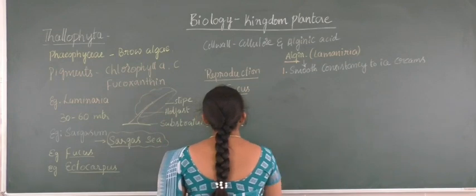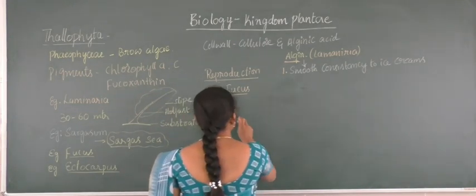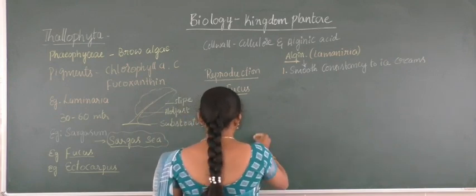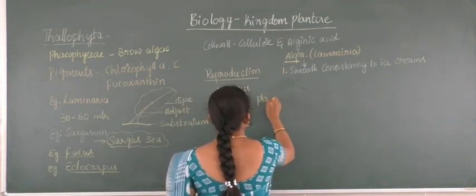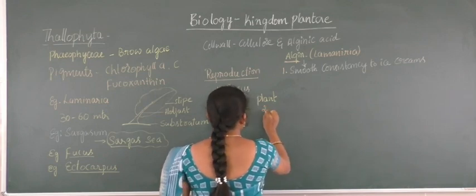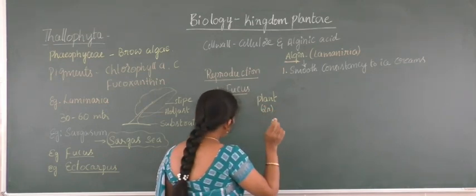First one is Fucus. Here there is a very simple method of asexual reproduction in case of Fucus, where the plant body will be diploid in state. The plant body of a Fucus is 2n in condition, that is diploid in state.